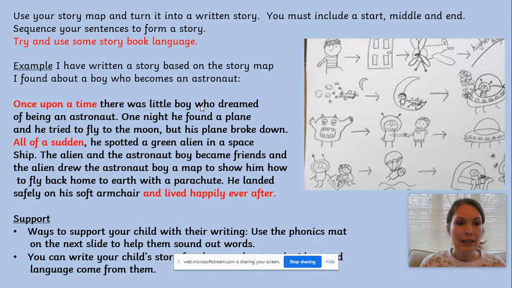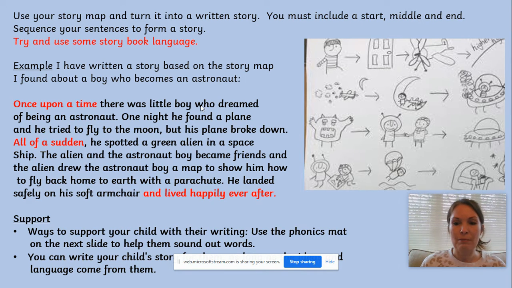And try and use some storybook language. I've highlighted that in red on my PowerPoint to remind you, because that could be a way that you could fly high today.